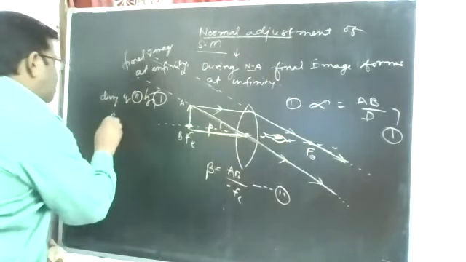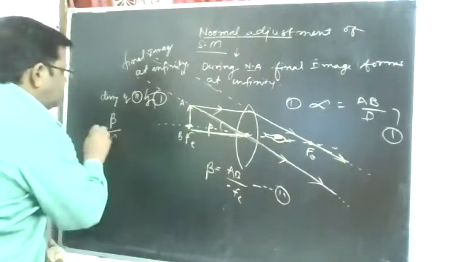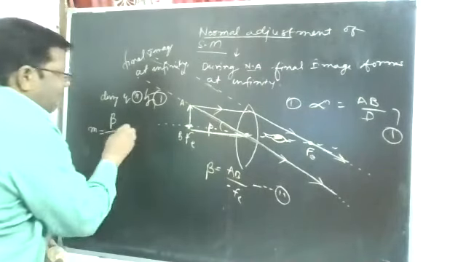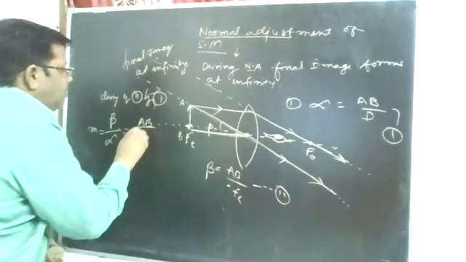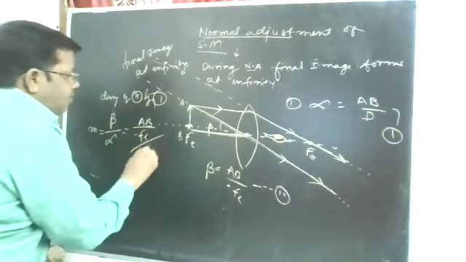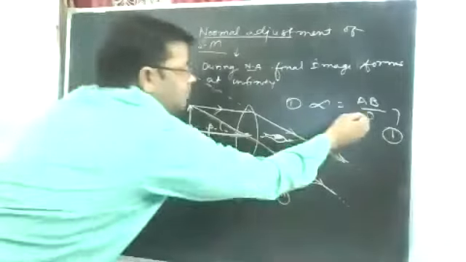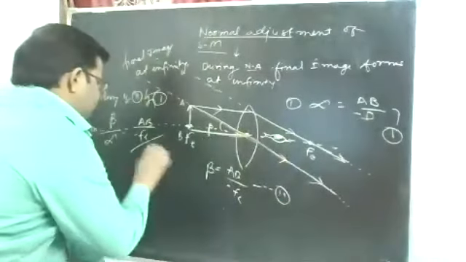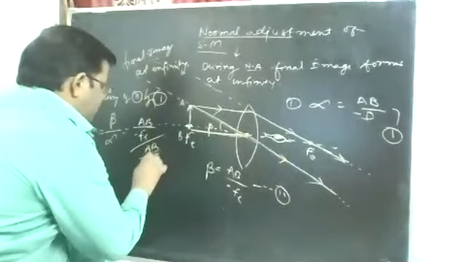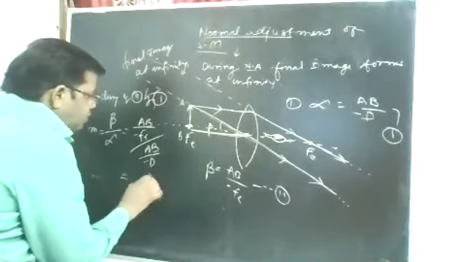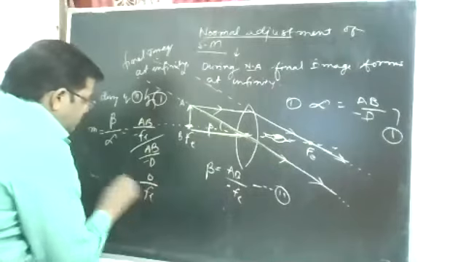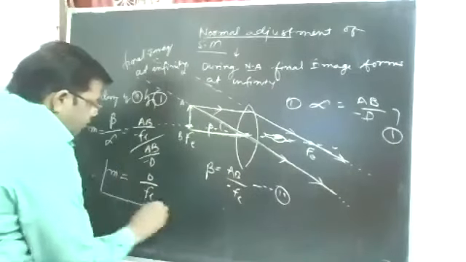Beta by alpha, angular magnification. We call this angular magnification. So, AB by f_e upon AB by D. What you are observing here, the formula of magnification is D by f_e.